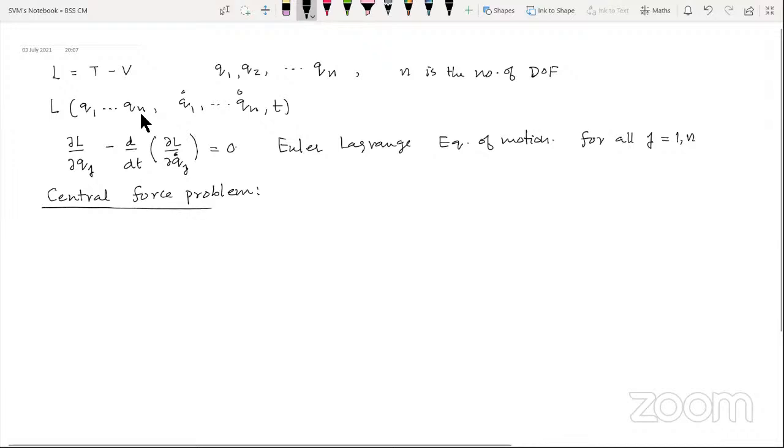Generally we are interested in a problem like this. Suppose I have a mass m1 here and another mass m2 here. You have some coordinate system, and this has a position vector r1, this has a position vector r2, and this relative vector, r1 minus r2, I will call r.